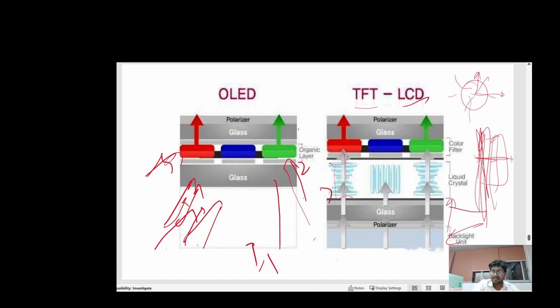So in this one it will be blocked, and in this one it will be passed. Whatever light comes through this pixel will be a mixture of green and this. The intensity of the light is controlled by how much you polarize it with the liquid crystal.